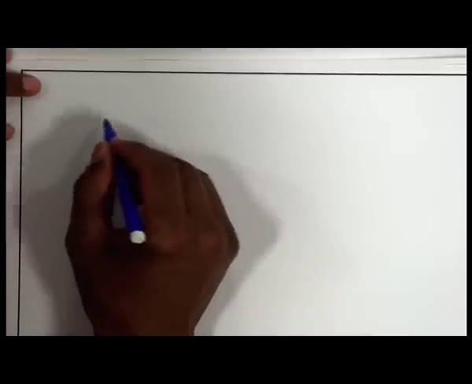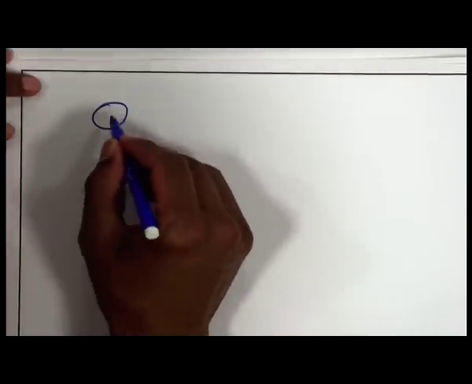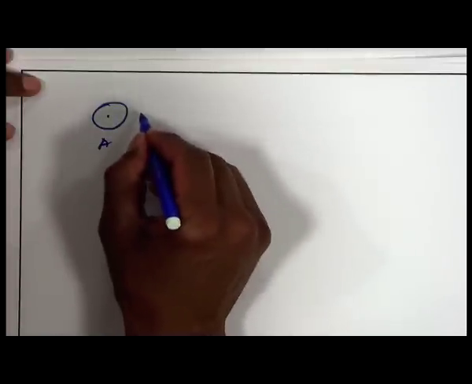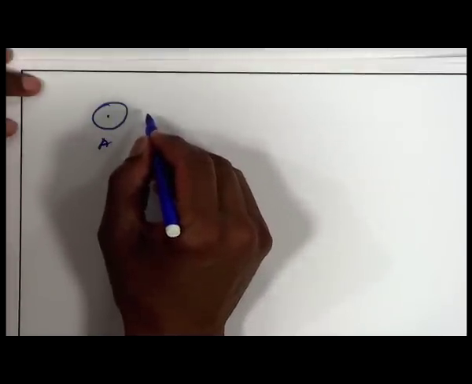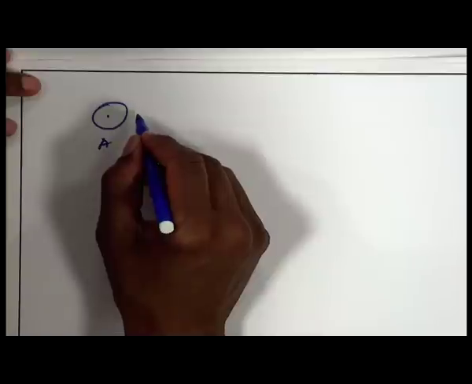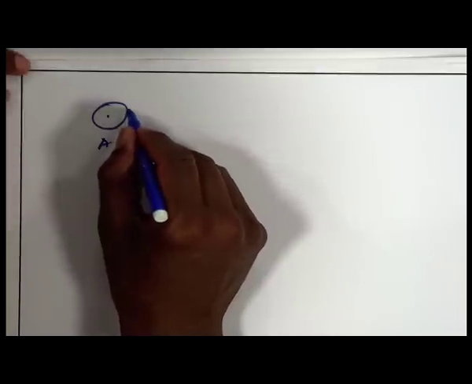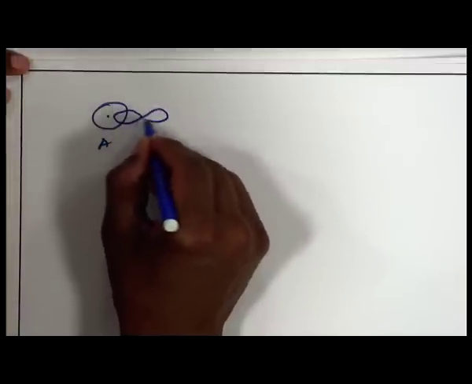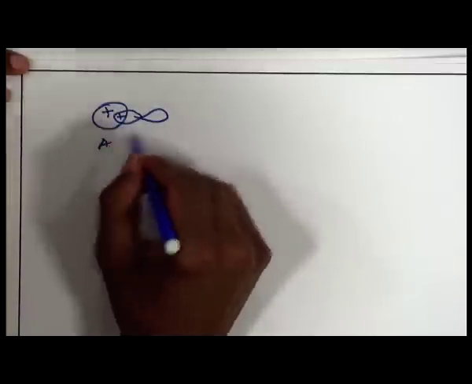Suppose you have a 1s orbital, this is the center of the nucleus of atom A, and then you bring another atom that has a p orbital, a pz orbital for example. If it overlaps too much, this is positive, positive, this is good.